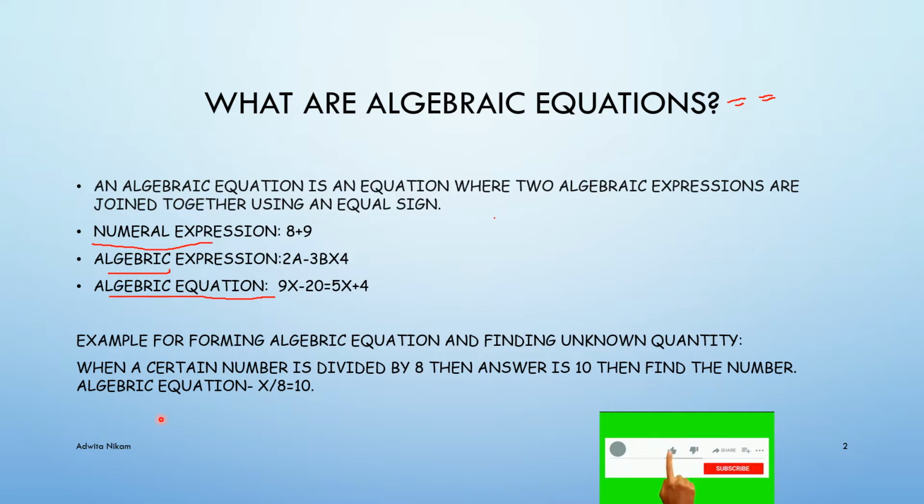So we have 8 and 25, which is the answer. 25 is the answer, but we need to get a. a plus 8 is equal to 25. So we need to get this a.